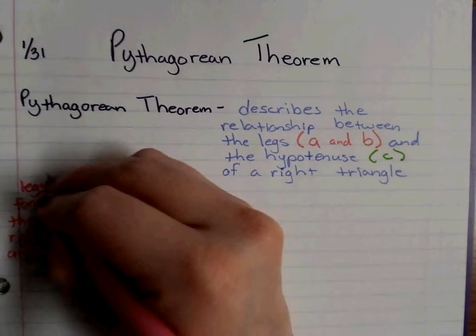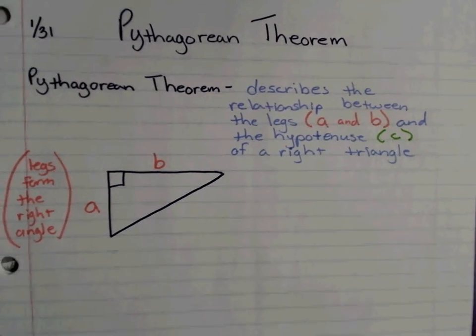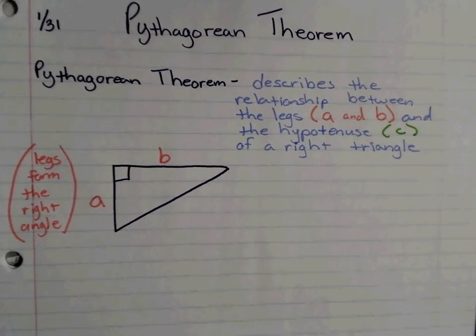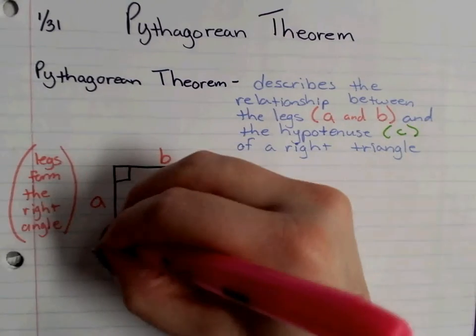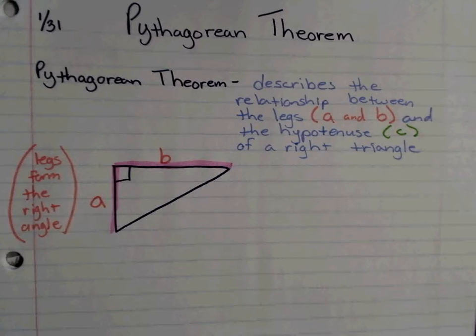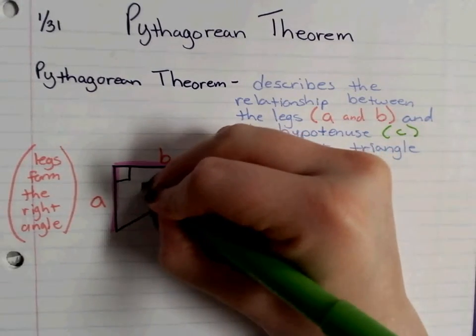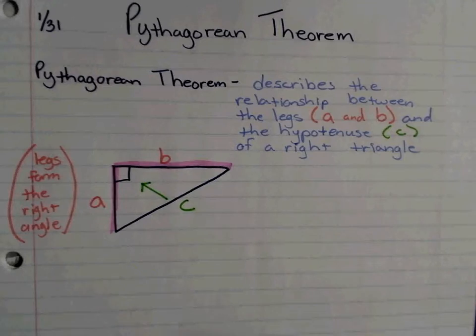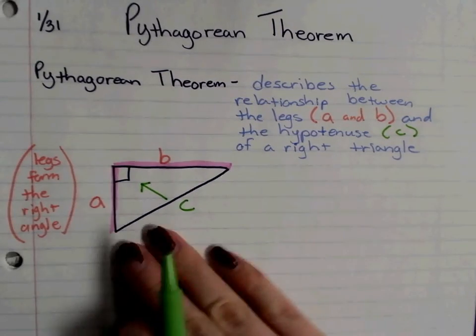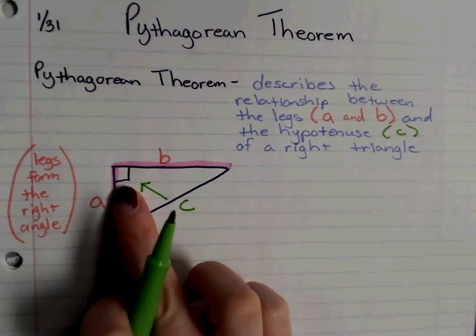So that's really important to make sure you understand. The legs are the values that are going to be forming that right angle. And the hypotenuse is the value that is directly across from the right angle. Whatever side measurement is directly across from that right angle, that's the one that's considered to be the hypotenuse.